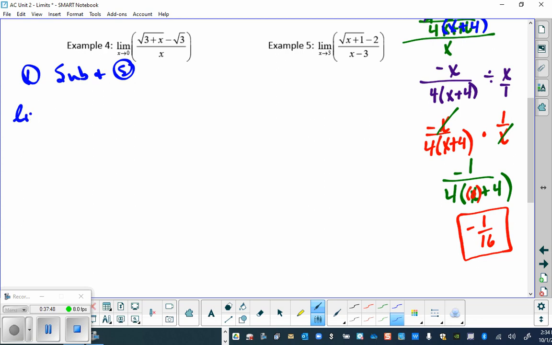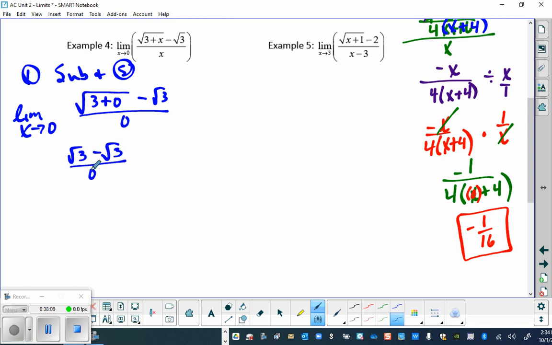All right, so the limit as x approaches 0 of the square root of 3 plus 0 minus the square root of 3 all over 0. So I get the square root of 3 minus the square root of 3 over 0. Uh-oh. Every time.